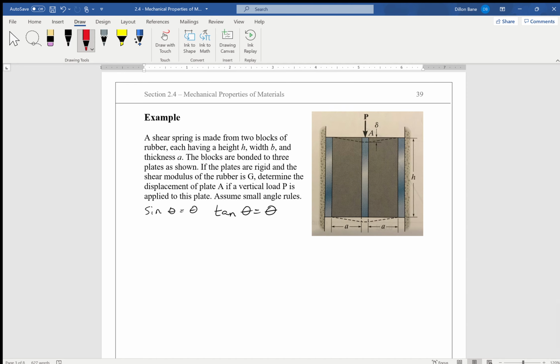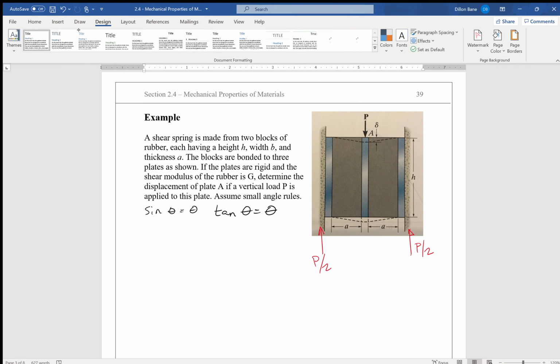If I've got P acting right here in the middle, acting straight down, and it's all supported and in equilibrium, does it make sense that we're not going to have a P over 2 reaction at each end of the sandwich plates? That should be instinctive to know, but sometimes it's not.